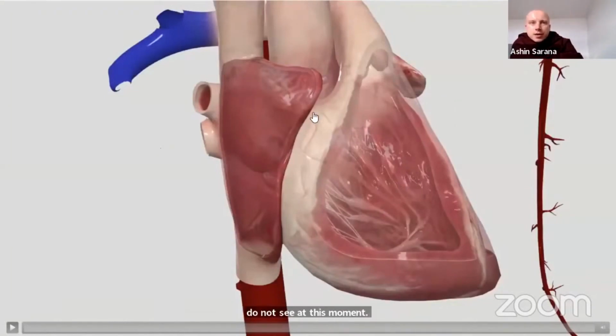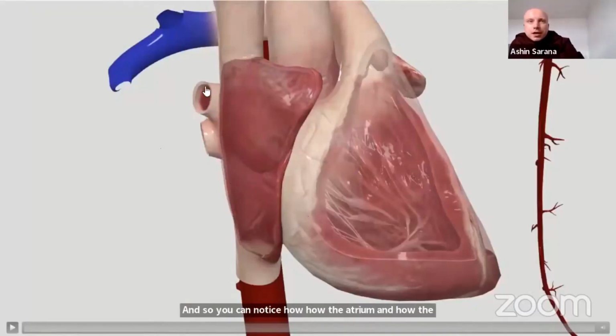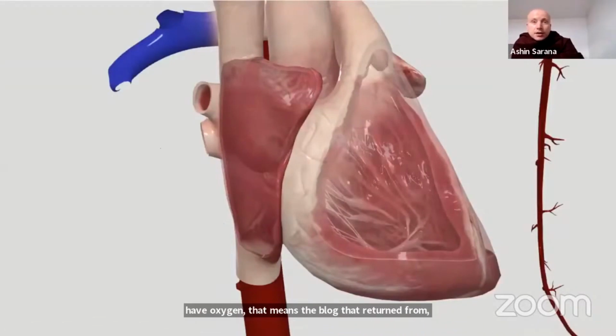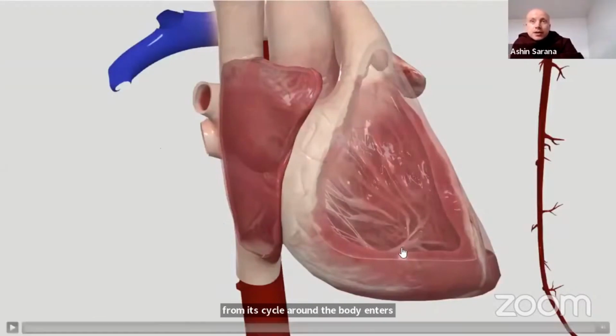And so you can notice how the atrium and how the ventricle look like. So first, the blood that doesn't have oxygen, that means the blood that returned from its cycle around the body, enters this right atrium. Then it follows into this right ventricle, and then from that right ventricle, it moves to the lungs to get oxygenated.